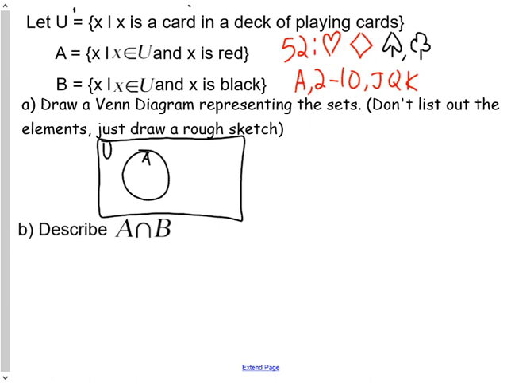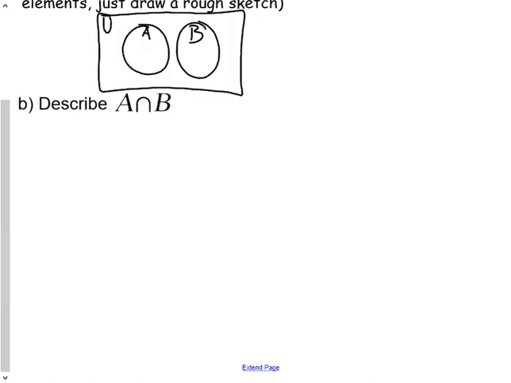There's my red cards. B is a set of cards that are black. Now, are there any cards that are both red and black? Should be pretty quick to be like, no. They're either red or black. So in the Venn diagram, your circles aren't going to overlap. Jokers can be red or black, but those aren't in the 52 card deck, so it's neither.